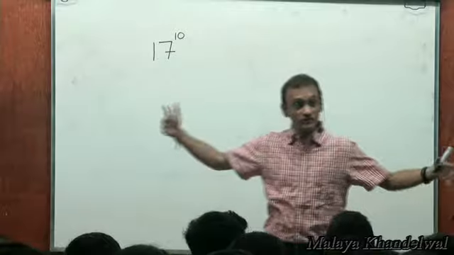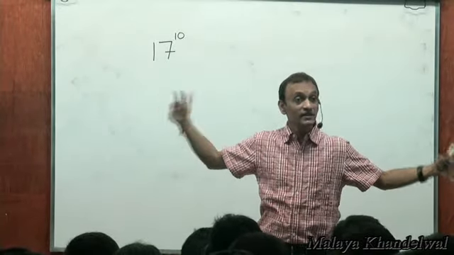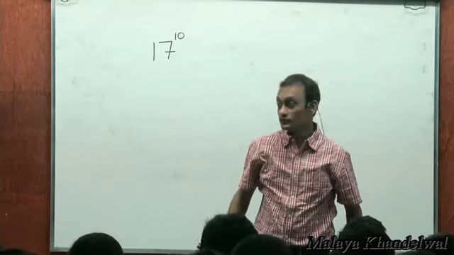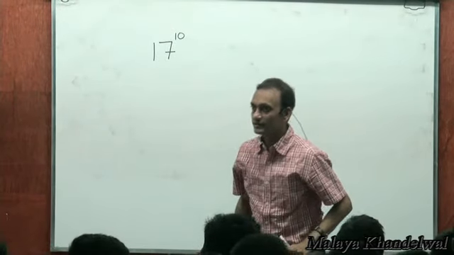The last 2 digits of 17 to the power 10, 17 into 17 into 17, and the last 3 digits of this. All right.